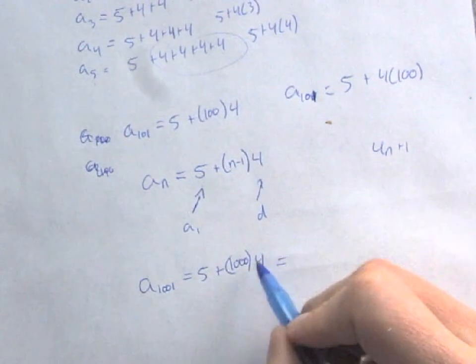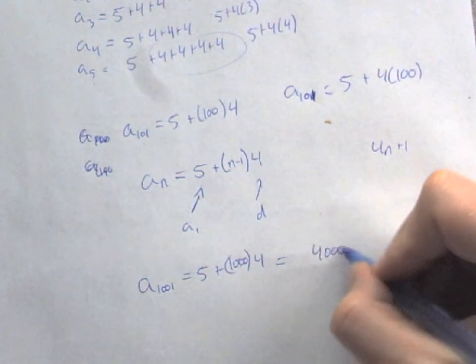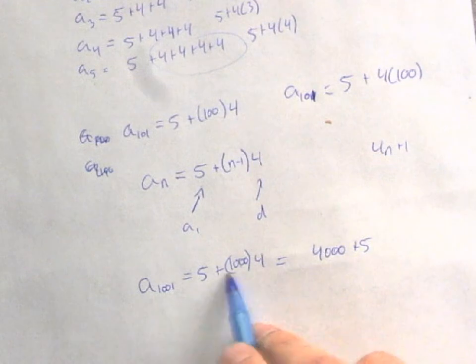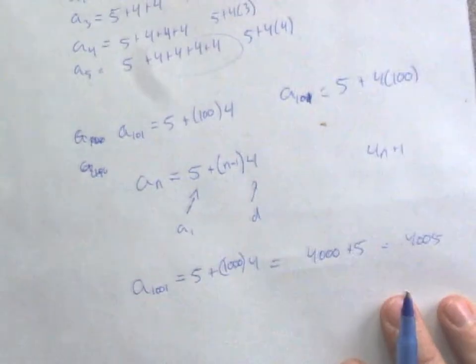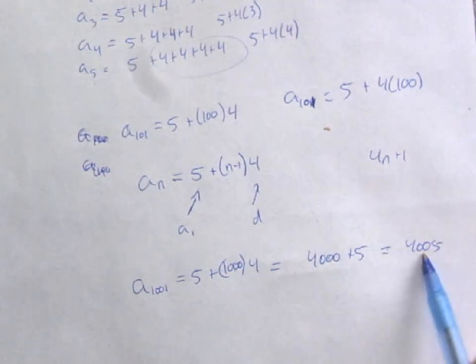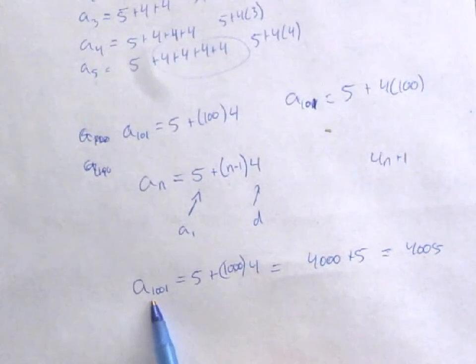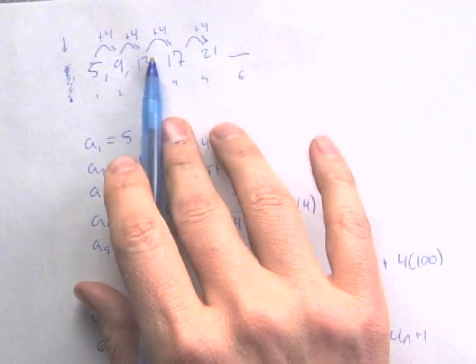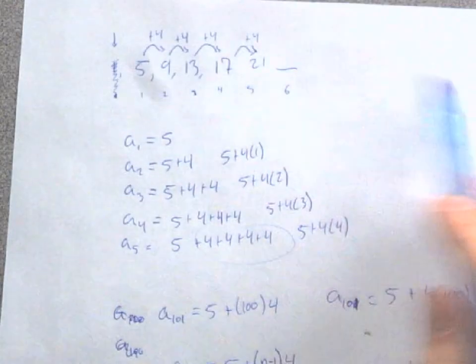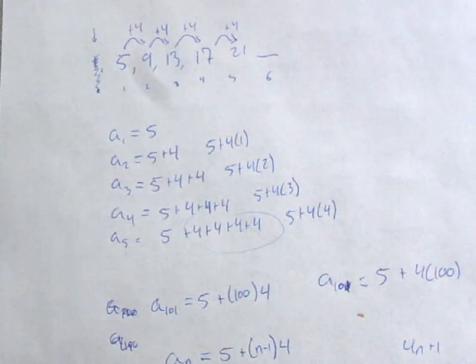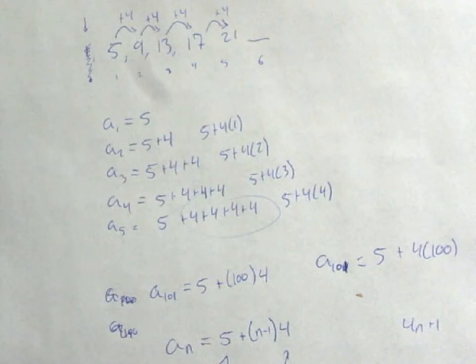So this whole thing comes out to 4 times 1,000, 4,000, plus 5, and that's just 4,005. So the term sitting in position 1,001 for this sequence is 4,005. We can jump all the way to know what the 1,001st term is just by using repeated multiplication.